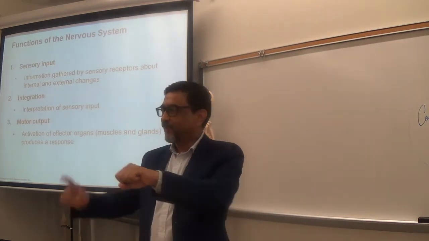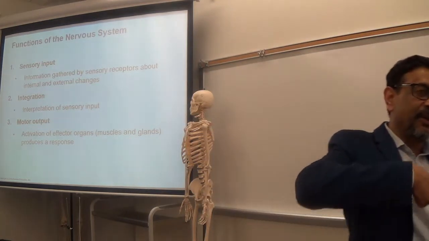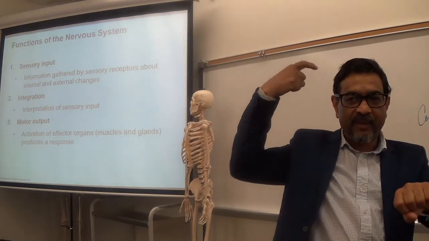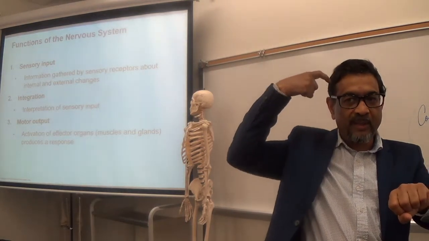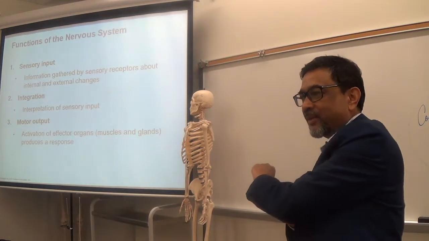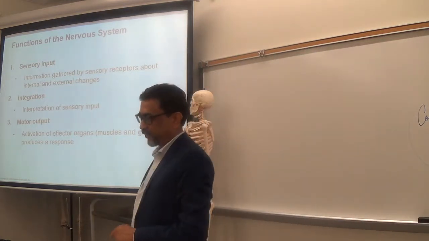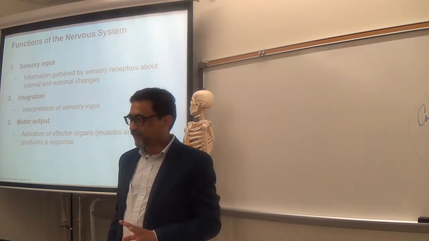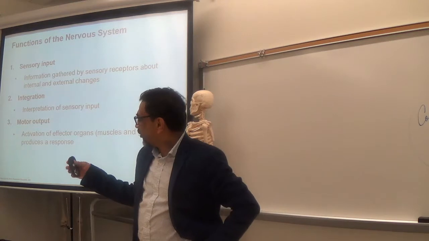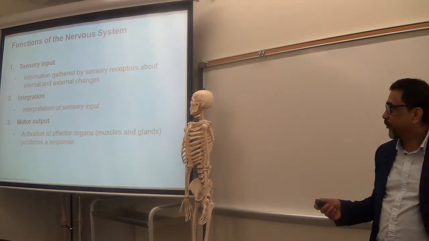So you see, from the skin, signal is going to the brain. What kind of signal is that? Sensory input. Is it clear? Then your brain is interpreting that, analyzing that, and quickly sending signal to the muscle to move the hand away. So from the brain to the muscle, that is the motor output. Make sense? So those are the three types of functions your nervous system performs.